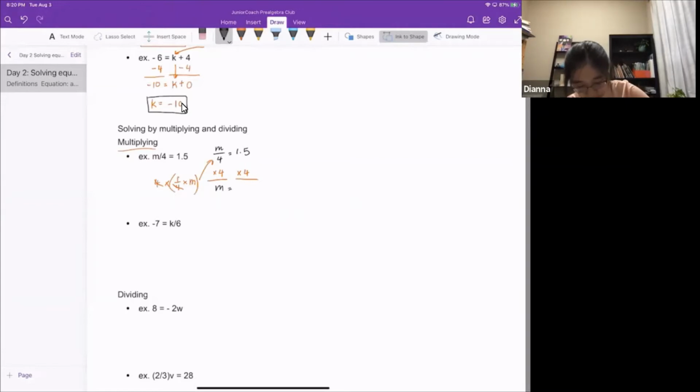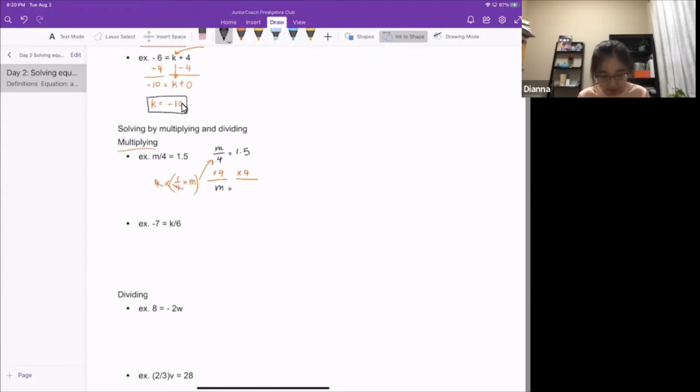And the decimal has to align. Since there was 1 decimal place here, there's going to be 1 decimal place in our answer. So it's going to be 6.0. So m is going to equal 6.0, or I'm just going to write 6 because they're the exact same thing. 6.0 and 6 are the same. So m equals 6.